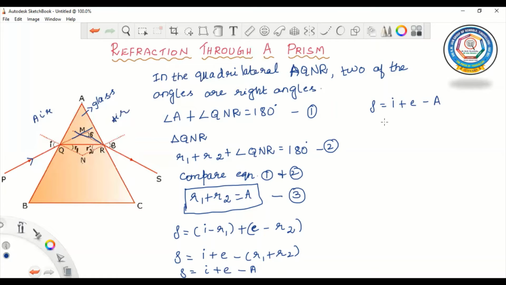Now let us see the variation of angle of deviation with angle of incidence. One more thing, also very important here, children: for a given prism, the angle of deviation depends upon the angle of incidence. So now let us draw the graph.